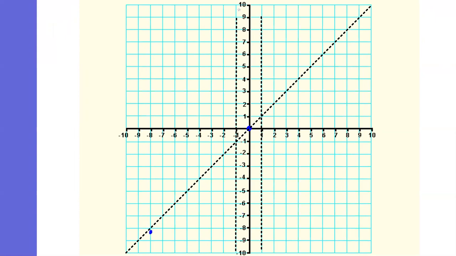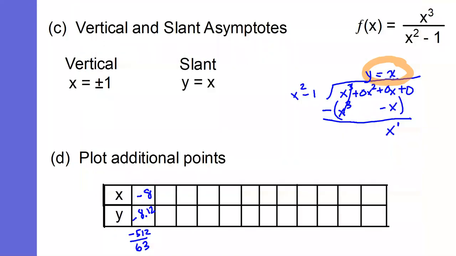Okay. Next point, I'm going to plug in negative 3. You can pick whatever points you want. There's no rhyme or reason here to why I'm picking negative 3. But negative 3 to the third, negative 3 times negative 3 times negative 3, would be negative 27.